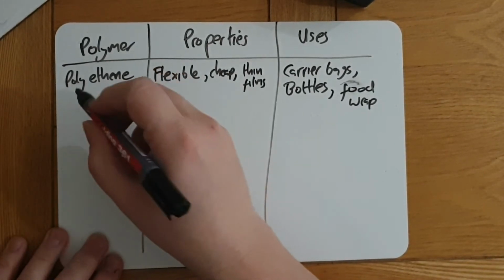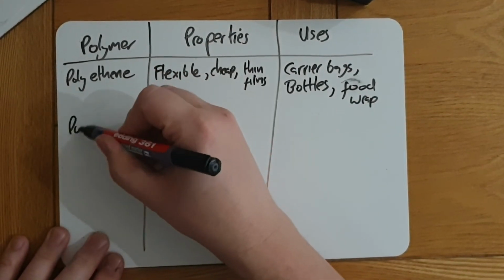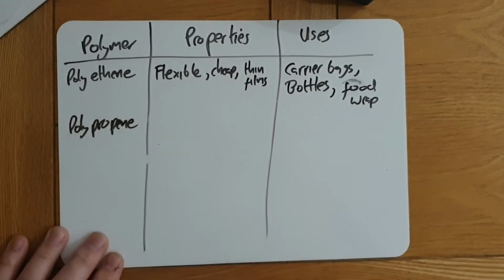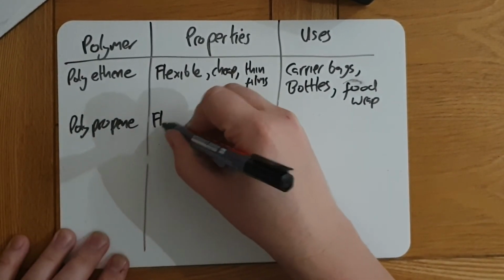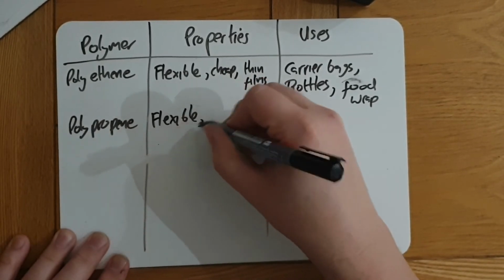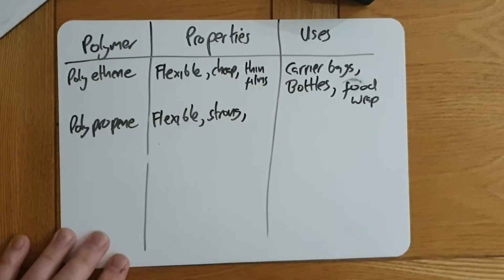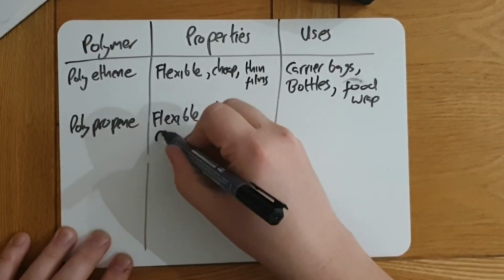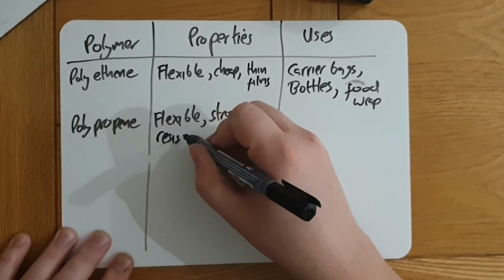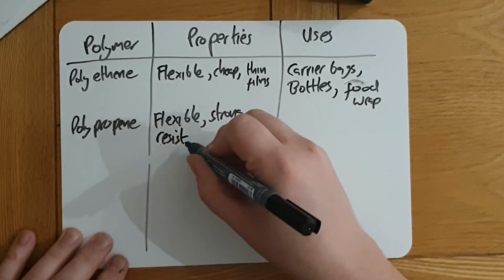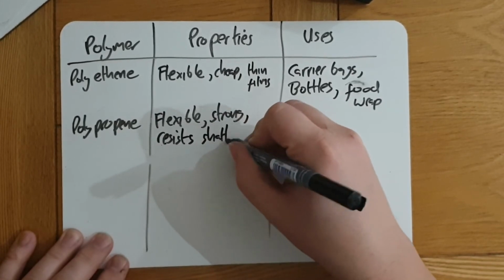So the next one was polypropylene. For polypropylene, it's flexible, it's very strong, and it resists shattering. Doesn't mean you can't shatter it, but it does mean it's more difficult to do.